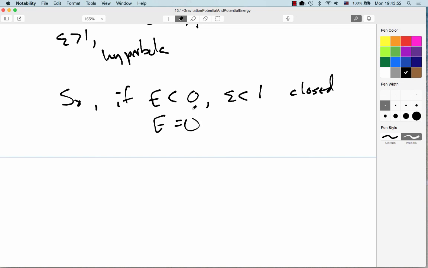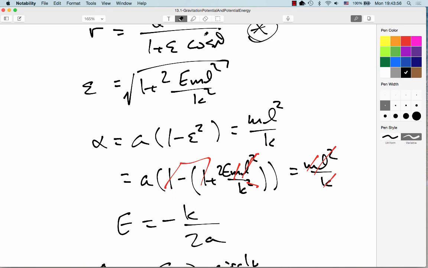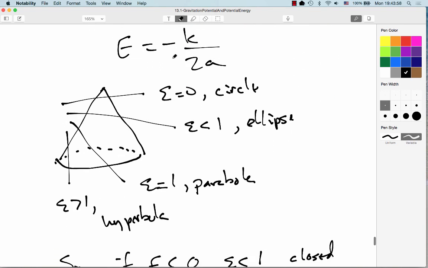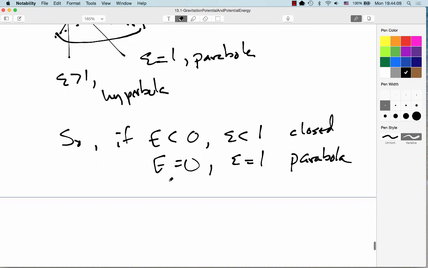If the energy is equal to 0, then that will give us an eccentricity of exactly 1, which will give us a parabola. And if our total orbital energy is greater than 0, then the eccentricity is greater than 1, and we get a hyperbola.